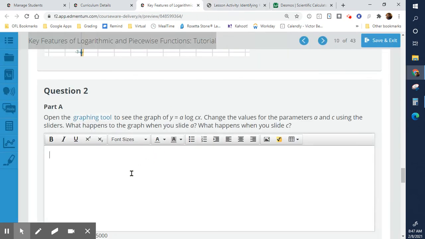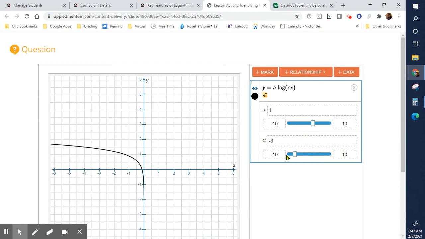So the value of C affects the growth rate of the function, and when it is negative, it flips on the y-axis. So it's flipping on this y-axis when C is negative.